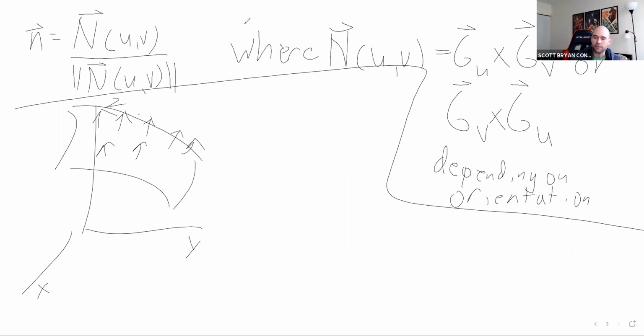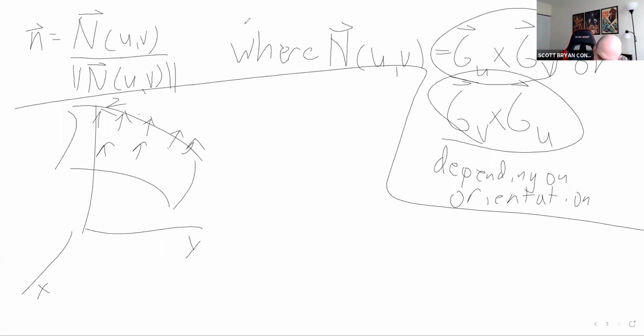And then we'd figure out whether g_u cross g_v does that, or negative g_u cross g_v, in other words, g_v cross g_u. And we'll do some examples, and I hope it'll become clear how we do it there. But we need to figure out which one of those two is our positive unit normal. And in every one of these questions, we're going to tell you what direction we want the positive unit normal to point in, and we need to figure out which one of those points in that direction. Does that make sense?